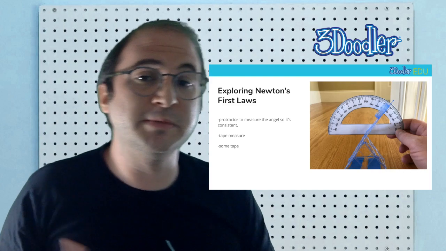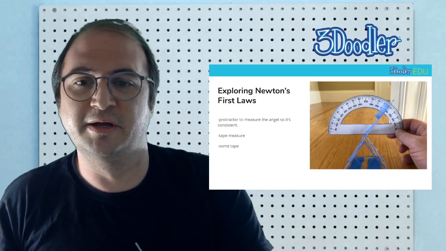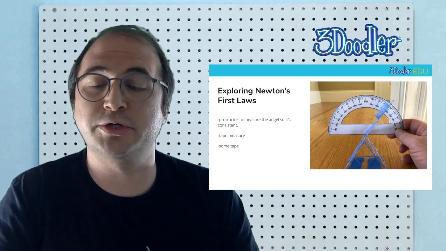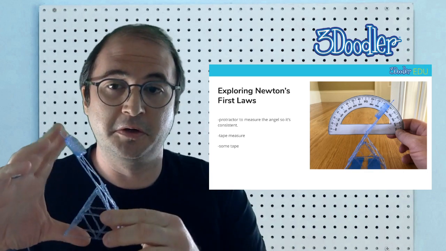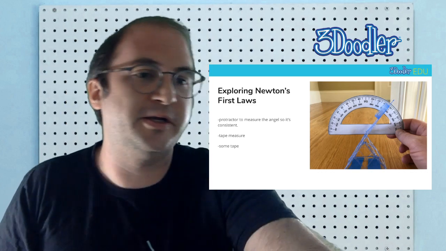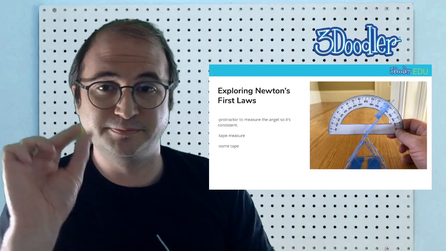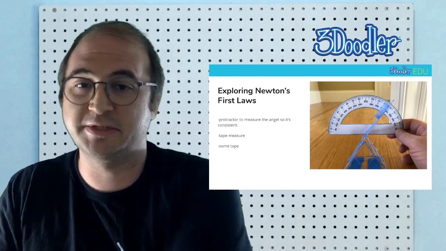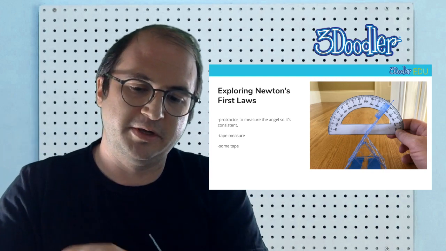We can also use some tape and some fun stuff to do this. So what I did is I measured out a bunch of different times with the ball. I covered my projectile actually with some tape, with some painter's tape, like so.